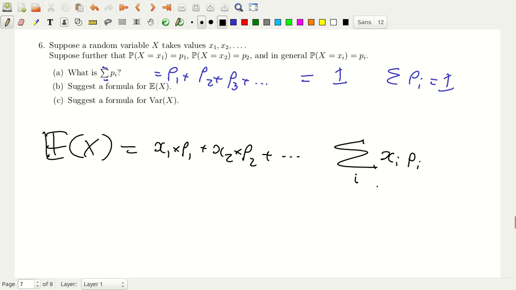Now, what's interesting here is this is no longer saying if you did an experiment, what would the expected value roughly be? The expected value is a way of thinking about the average of a random variable, a thing which can take different numbers with different probabilities, and it is exactly equal to this formula.